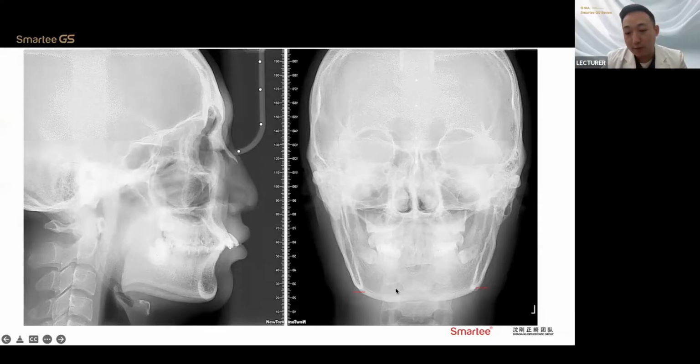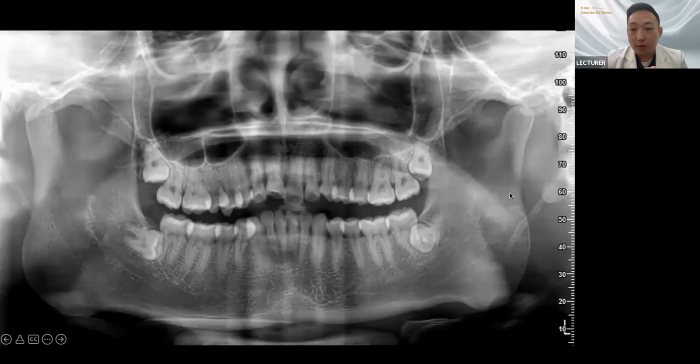Both the left and the right gonion are not at the same level, which also shows the shift of the mandible position. The OPG also shows, from the condyle to the gonion, the left is shorter than the right, which means he has a mandible position problem at the same time.